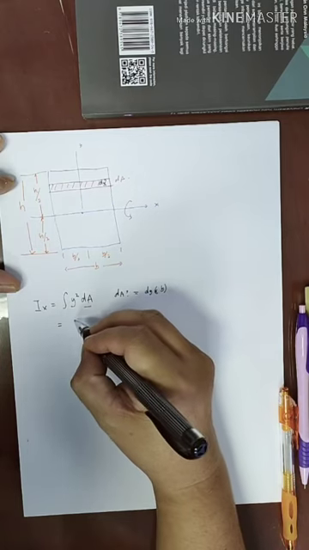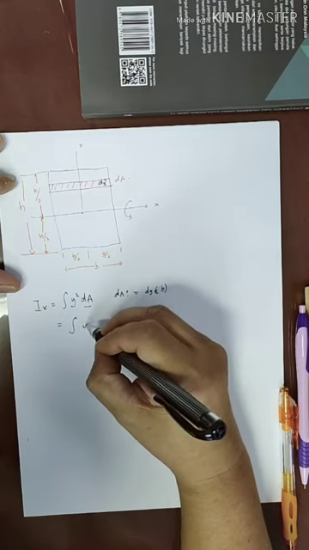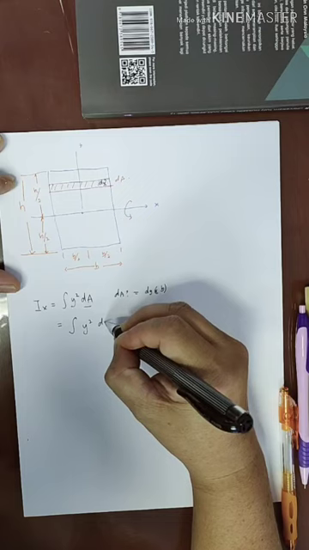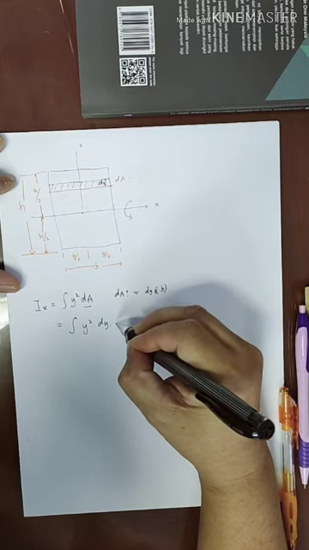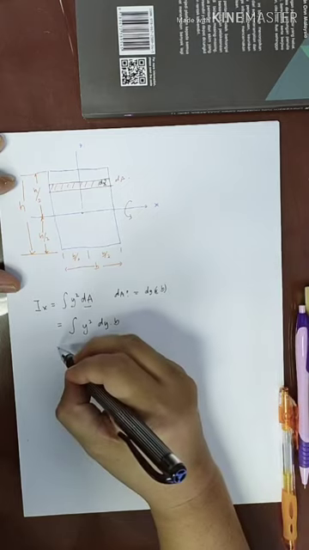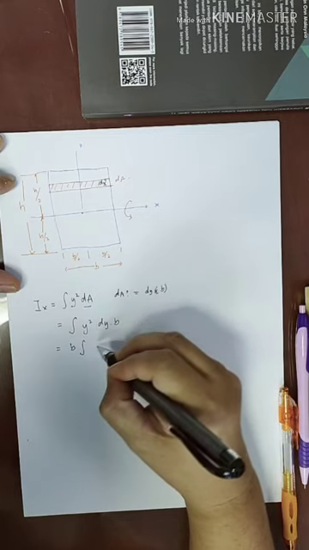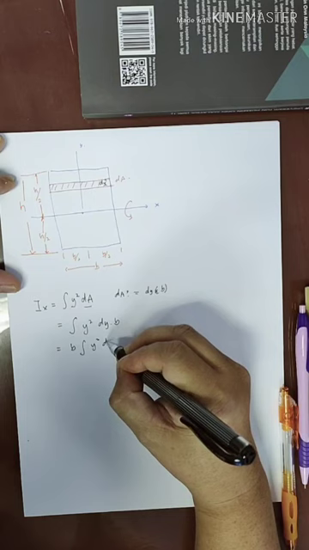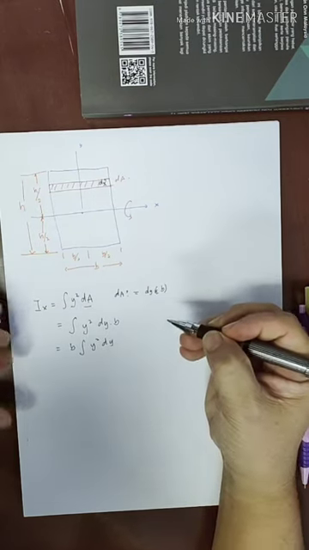So it becomes the integration of y squared b dy.